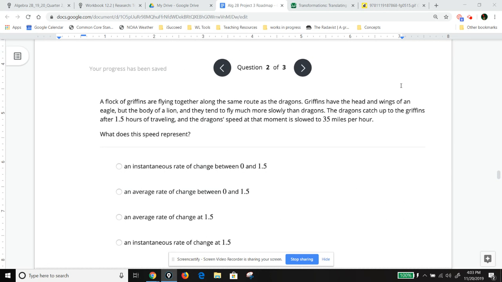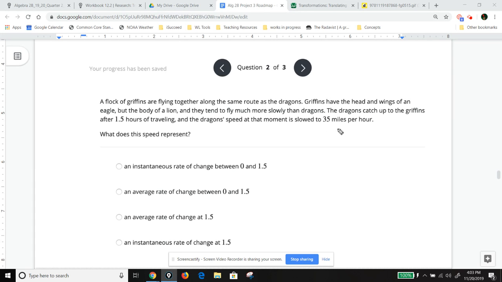Question number 2 starts to talk about instantaneous rate of change. This gives us a little background information about some griffins that are flying. Griffins have a headwind. Oh, that's describing what a griffin is, not that they're fighting against a headwind.